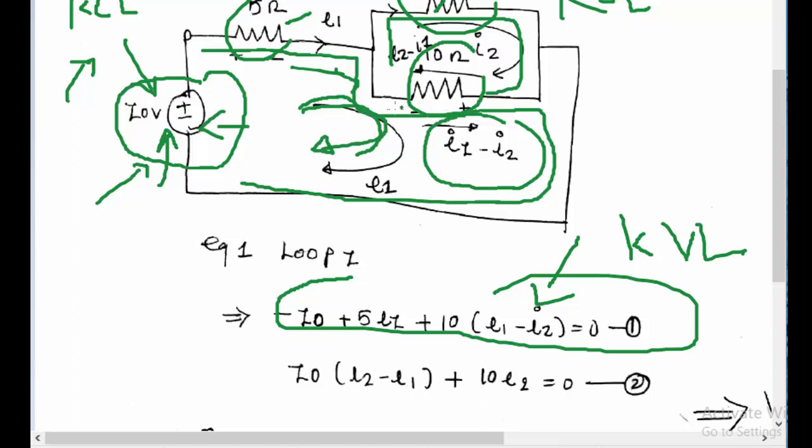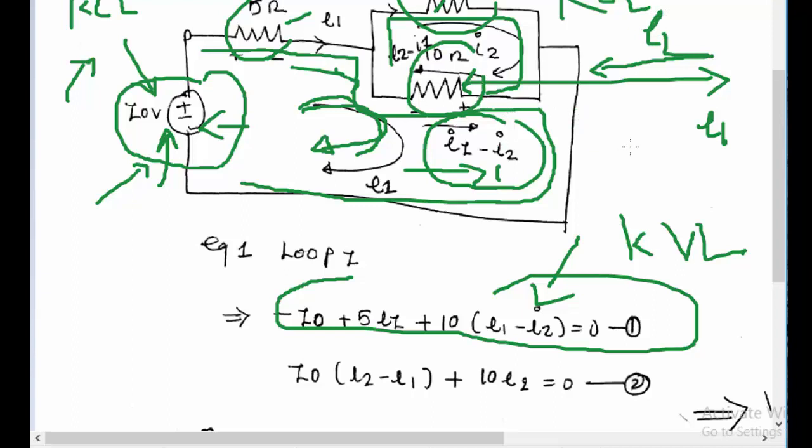Considering this specific resistance, the current I1 which you have taken for this loop flows in this direction, and the current I2 flows in this direction. So I1 and I2 both flow through the 10 ohm resistance, and it becomes I1 minus I2 when you go in this direction.